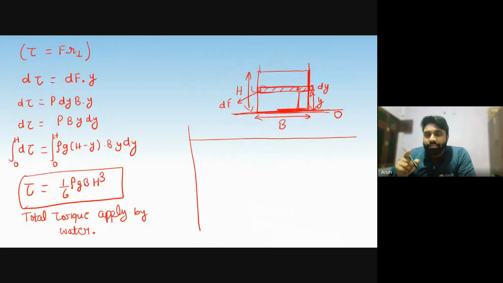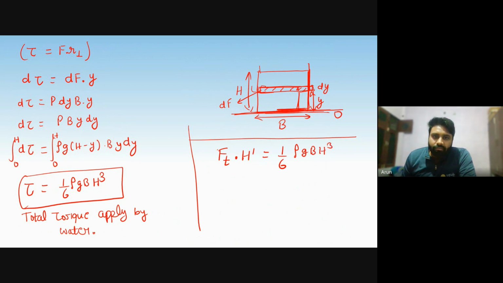On that height, this total force will produce the same torque that is produced by the total amount of water. So F total multiplied by h dash is the torque produced by this total force, and I am equating it with the total torque, which is 1 by 6 rho g b h cube. Put the value of F: rho g b h square by 2 into h dash equals 1 by 6 rho g b h cube.